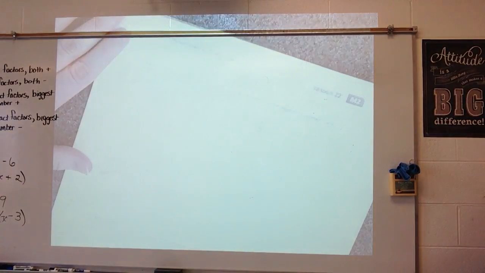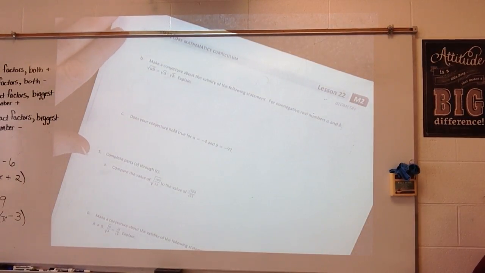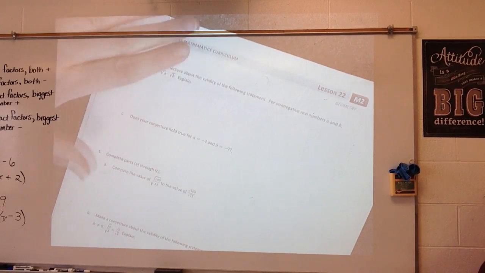Make a conjecture about the validity of the following statement. For non-negative real numbers a and b, the square root of ab is equal to the square root of a times the square root of b, and explain. It's valid because of the problem that was just completed.